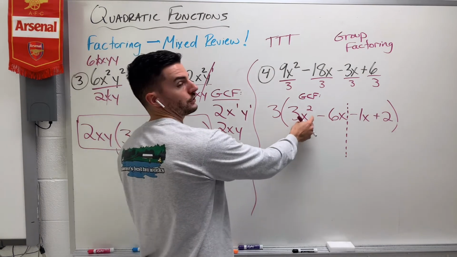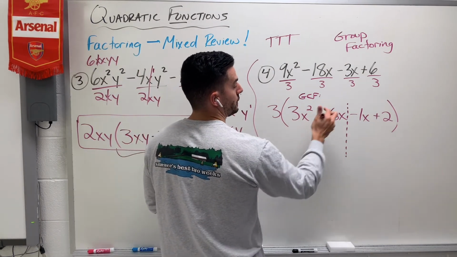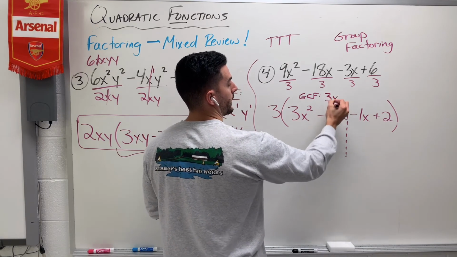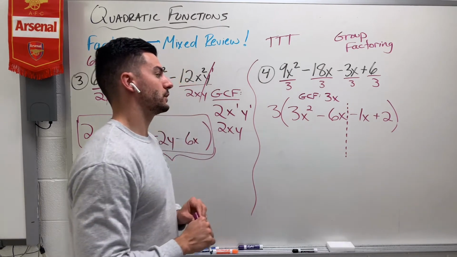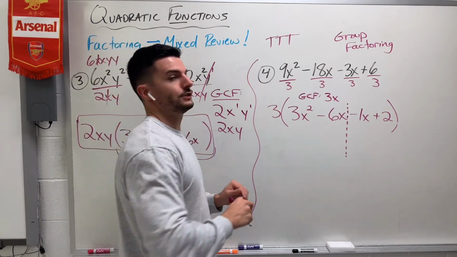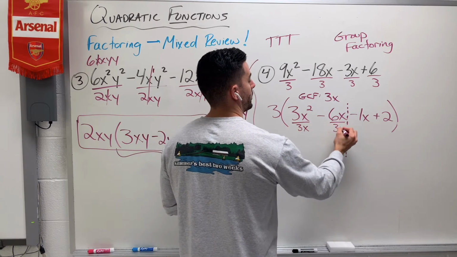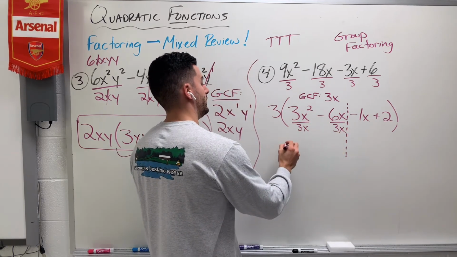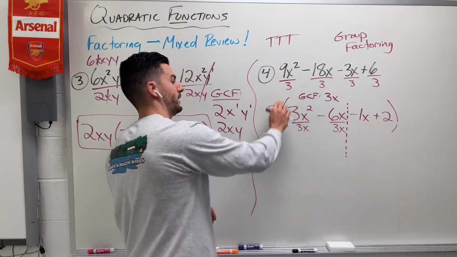So out of 3x squared and negative 6x, the GCF there would be 3x. They both have an x, and then out of 3 and 6, the common factor is 3. And so what I do, like I always do with GCF, I divide both terms by that. I'm going to ignore this initial 3 that I factored out from the beginning.